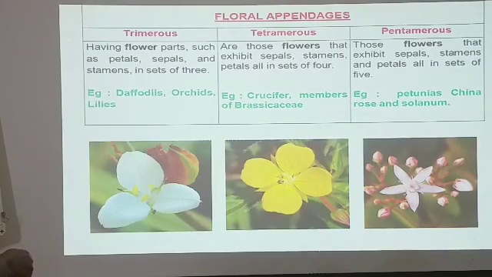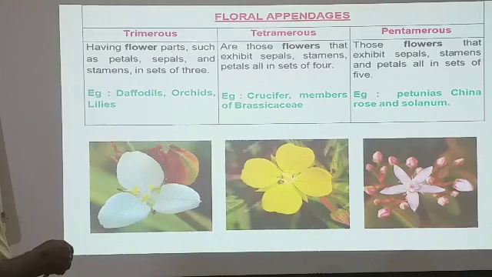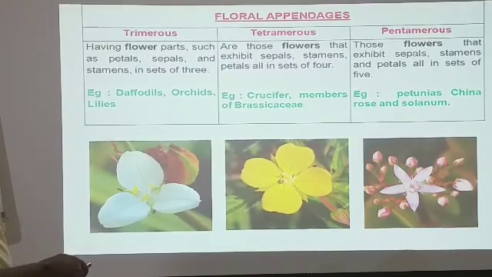Daffodils, orchids and lilies are trimerous flowers. Tetramerous flowers, like the crucifers, members of the Brassicaceae family, exhibit sepals, stamens and petals all in sets of 4. Like this, pentamerous flowers have all in sets of 5.